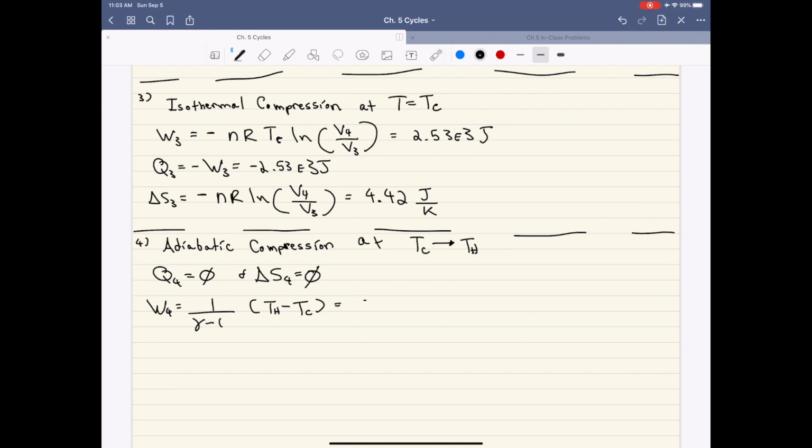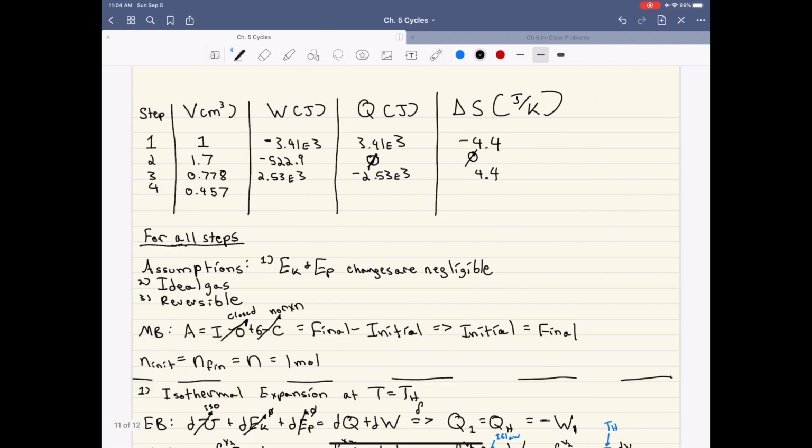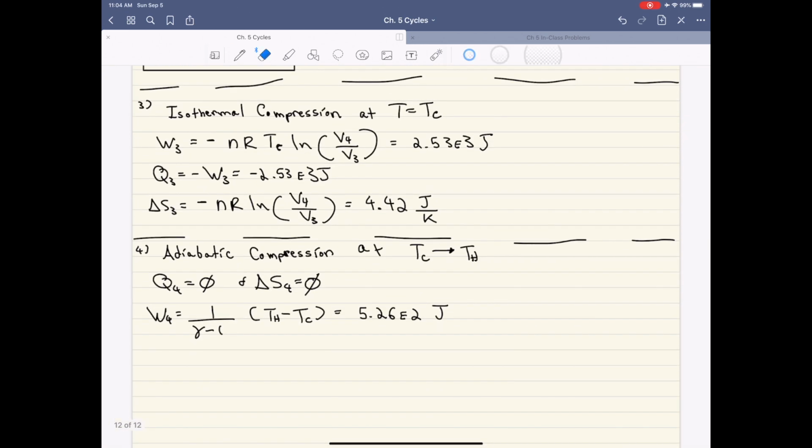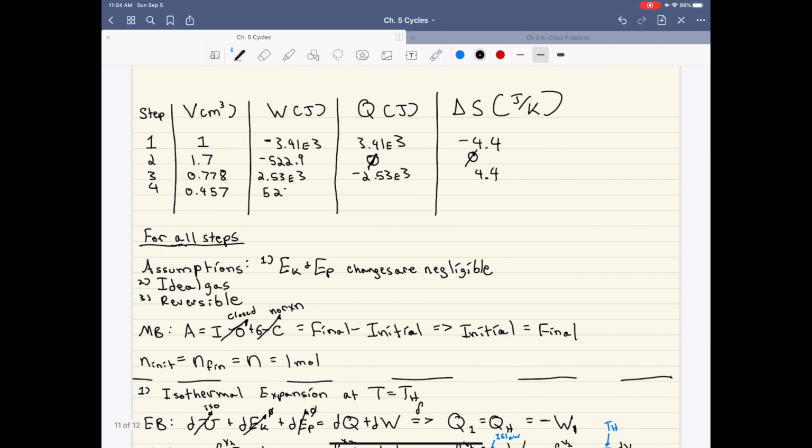The work we got here is 5.26 e to the 2 joules. Alright, let's fill in the table here. Actually, not 5.26, it should be 5.22. So here, you get that. This is 0, and this is 0.